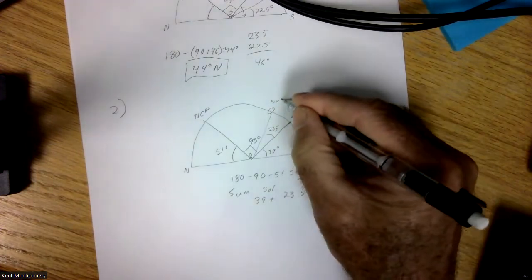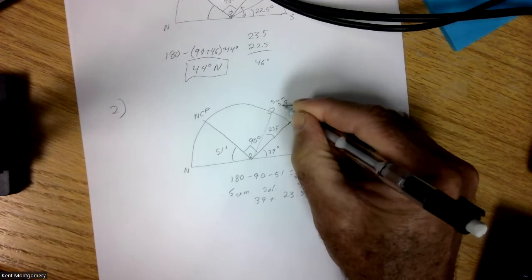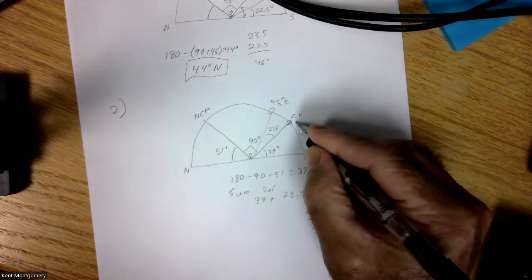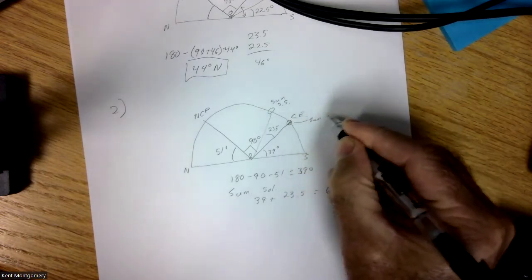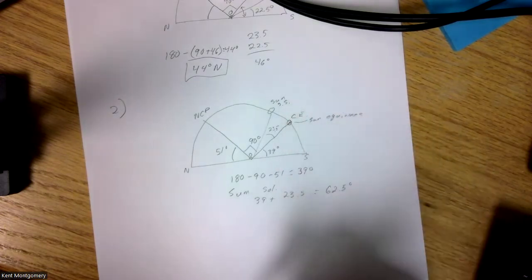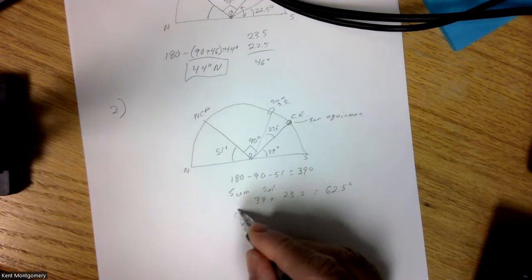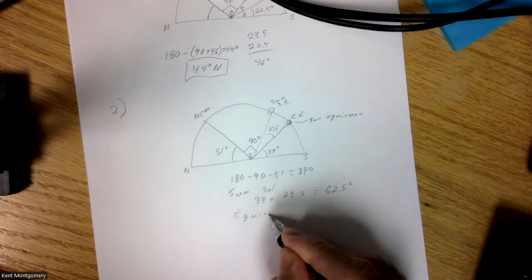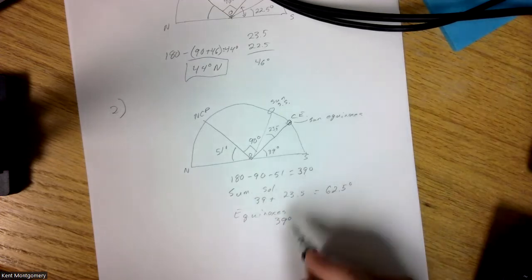This is the sun on the summer solstice. On the equinoxes, the sun is right on the celestial equator. So on both equinoxes, the answer is just 39 degrees, or 39 plus 0 degrees.